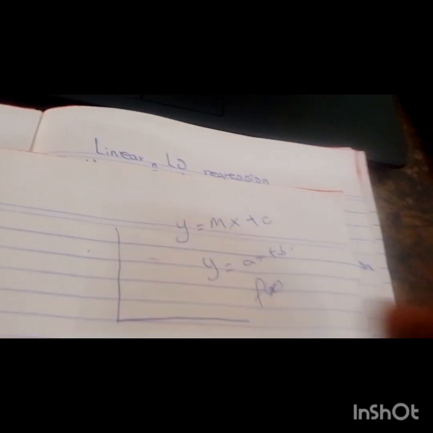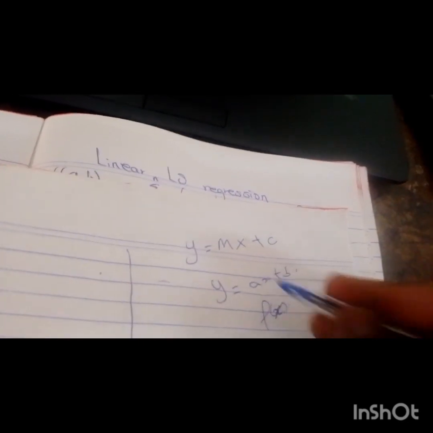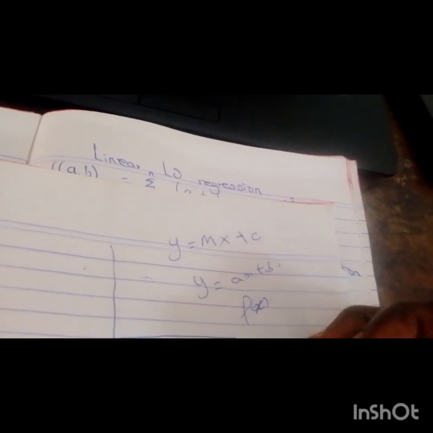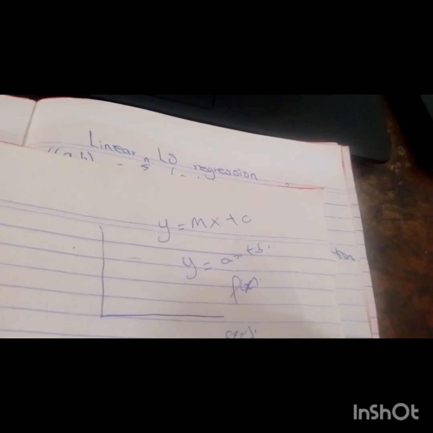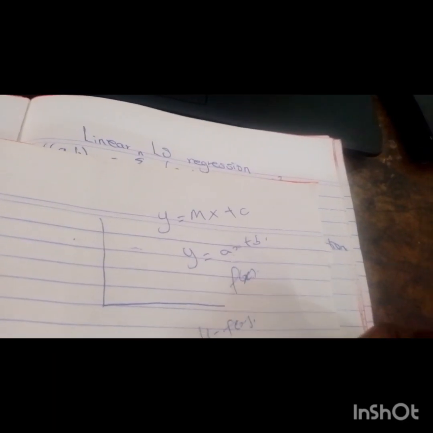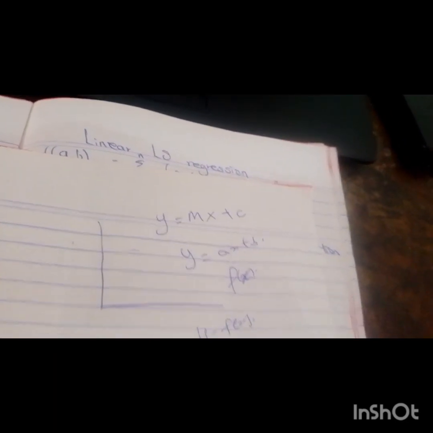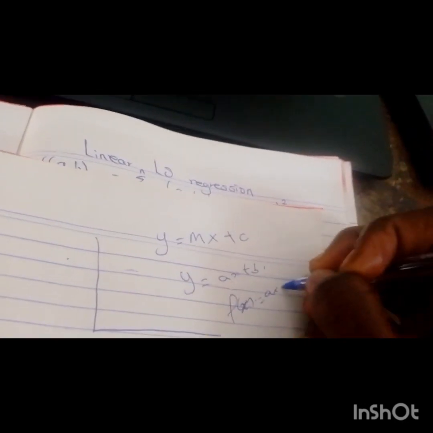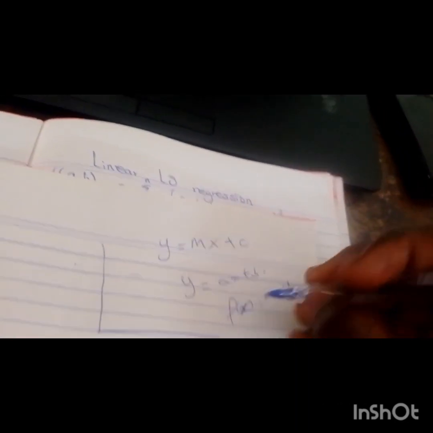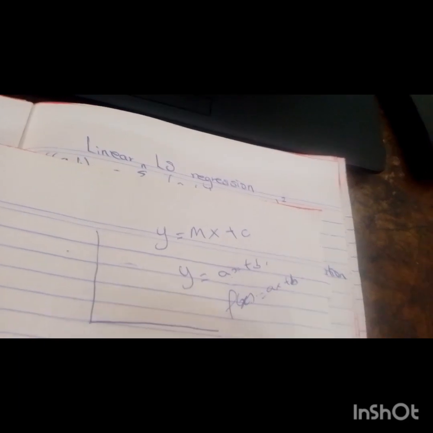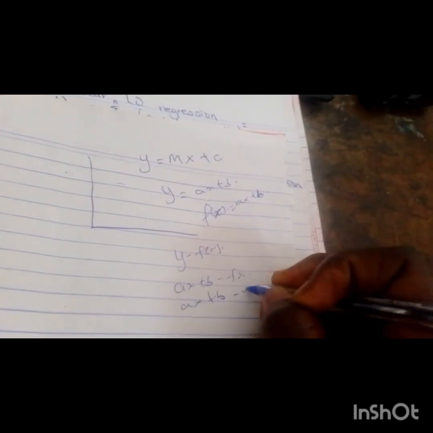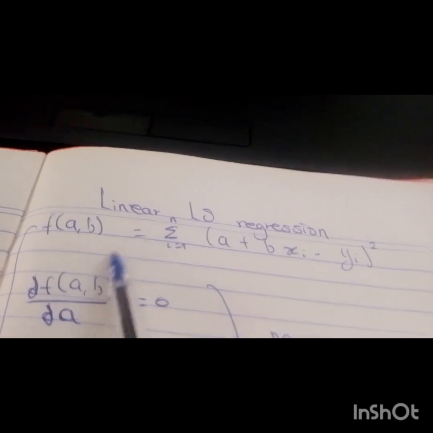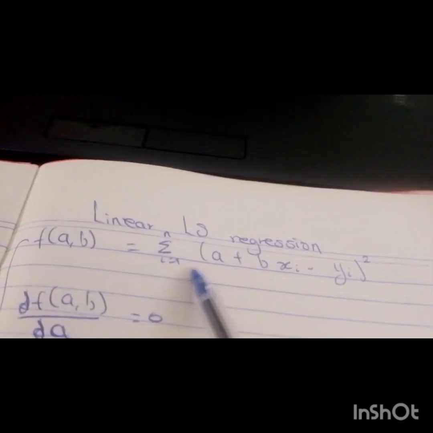You can simply say y minus f of x, so ax plus b minus f of x, or vice versa works. If this one is ax plus b, then you can say ax plus b minus y, so each of them works. Here we have some function which is a function of a and b.